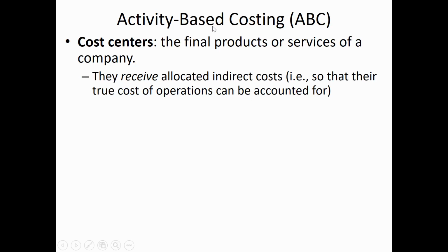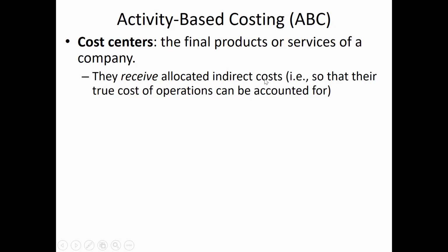So when the company is generating Twinkies or making bicycle gears or doing surveying, the activities that it does, those activities are called cost centers because they're generating costs that the overall parent company has to cover.